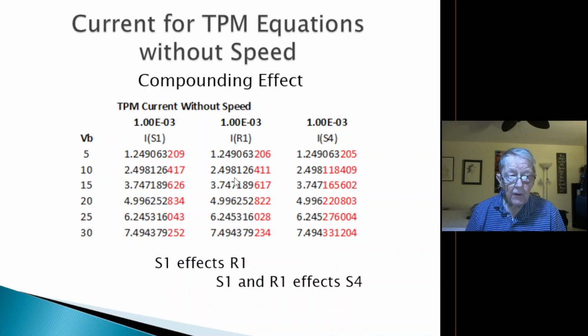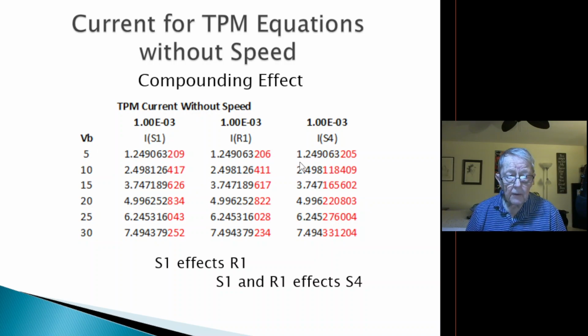S1 affects this resistance, and that's why it drops from here to here, because there's B1 coming into here, and B1 is less than B. So this is less. But S4 is affected by S1, and R1 affects S4. So this is a compounding effect.